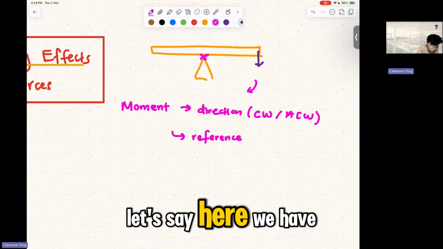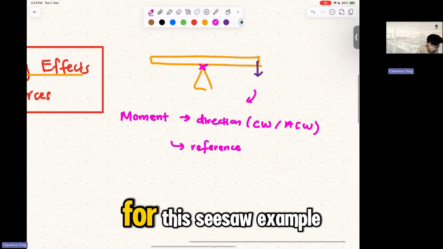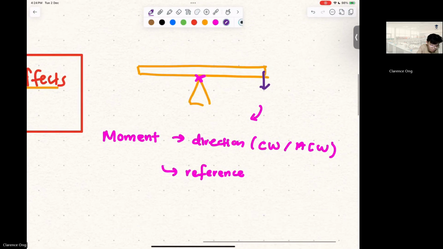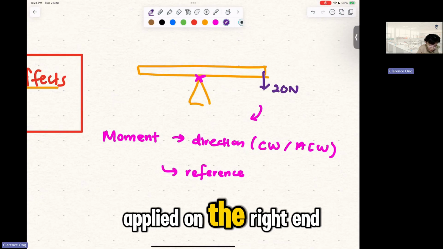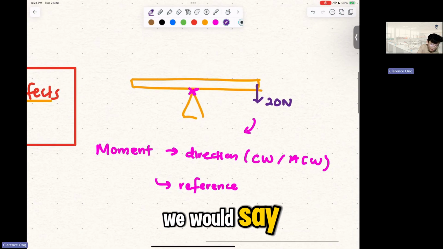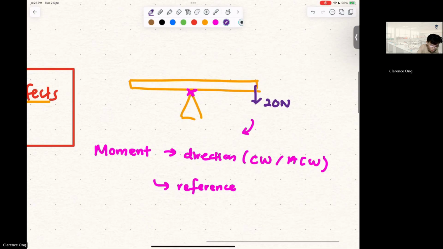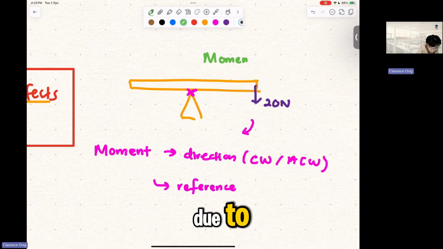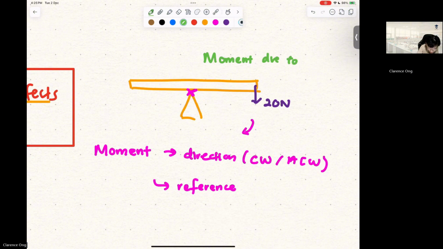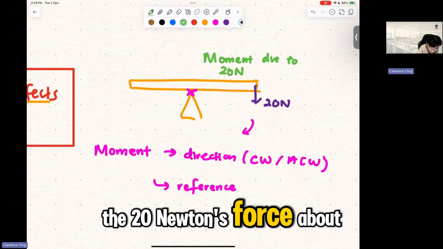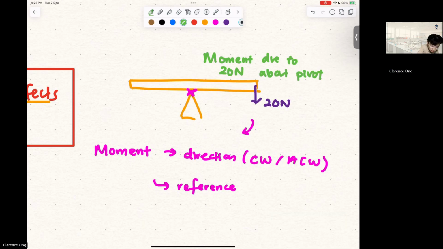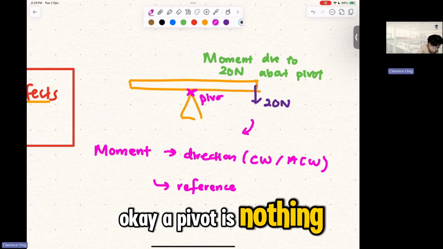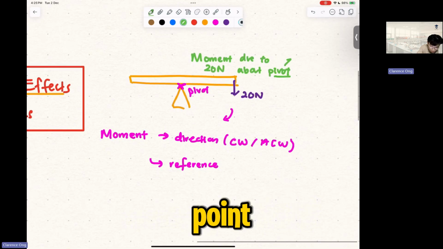Let's say here we have, for this seesaw example, this is 20 newtons force applied on the right end. We would say moments due to the 20 newtons force about the pivot. Okay, a pivot is nothing more than just a fixed point.